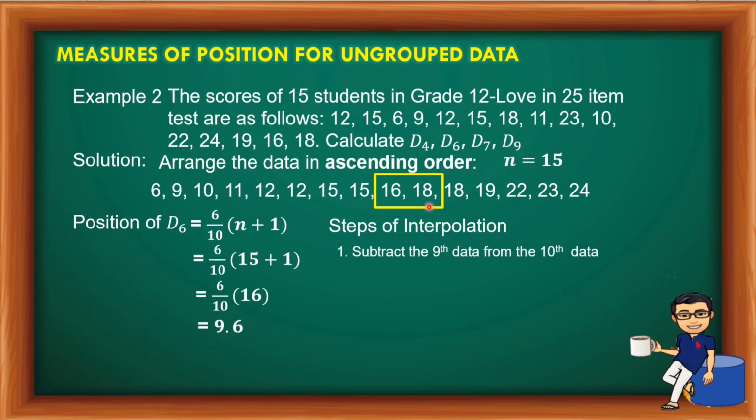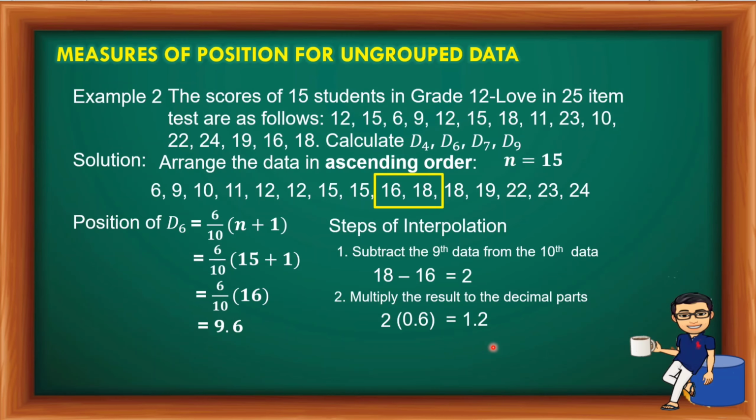So, 10 data minus 9 data. So, 18 minus 16. That will be equal to 2. Then, multiply the result to the decimal part. Ang result natin ay 2. Decimal part is 6 tenths. Then, that will be equal to 1 and 2 tenths. Pag multiply ang 2 times 6 tenths is 1 and 2 tenths.